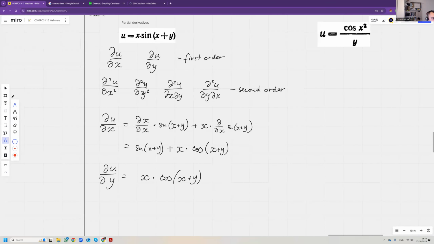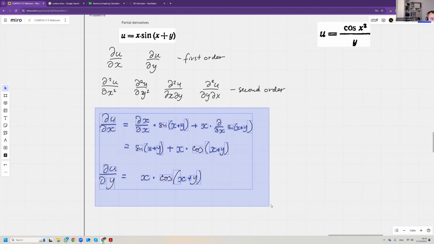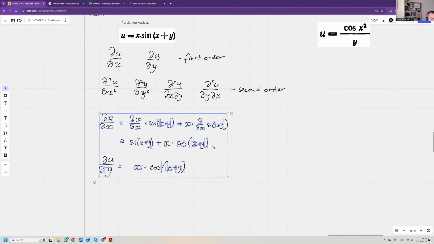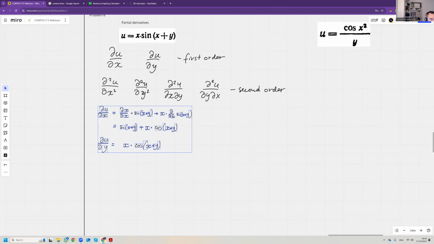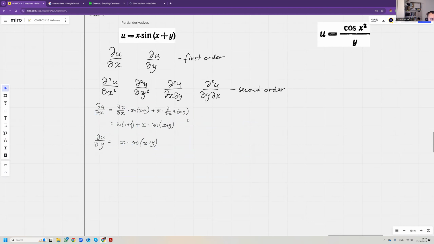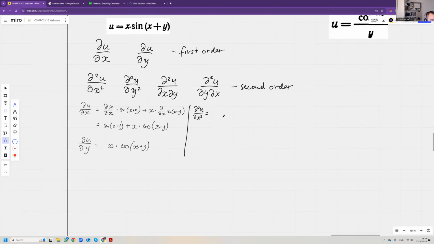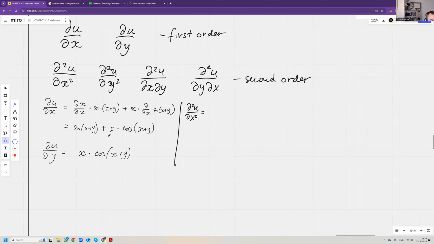Now if you want to find the second order derivatives, we take the first order derivative and differentiate it again. So d squared u dx squared. So we differentiate that.